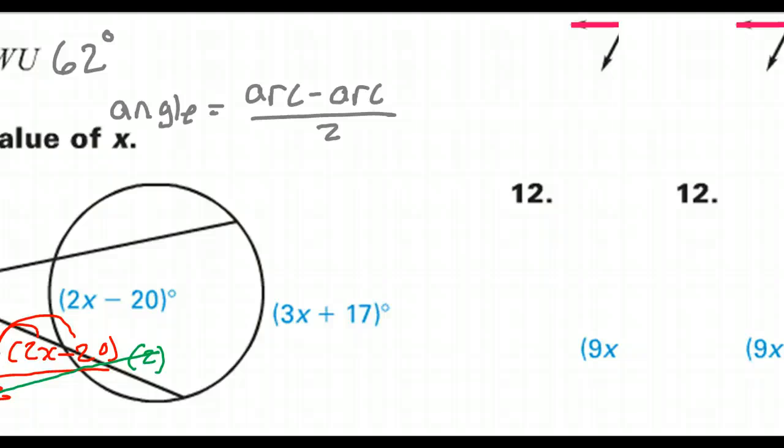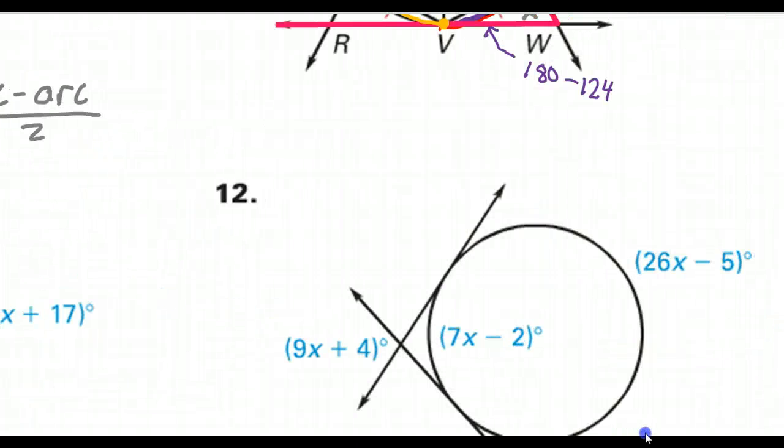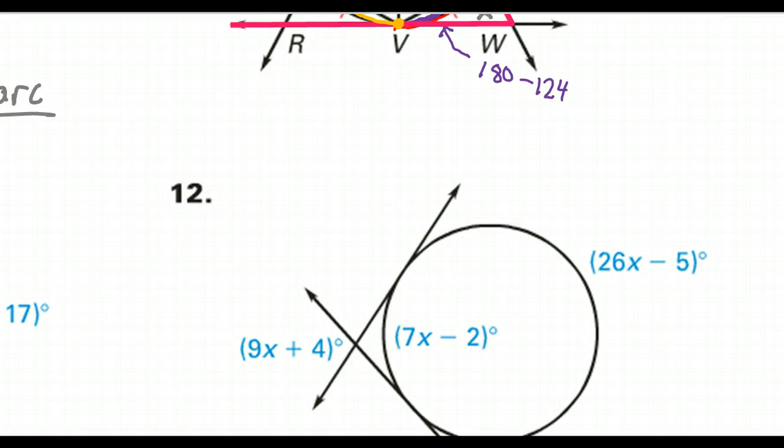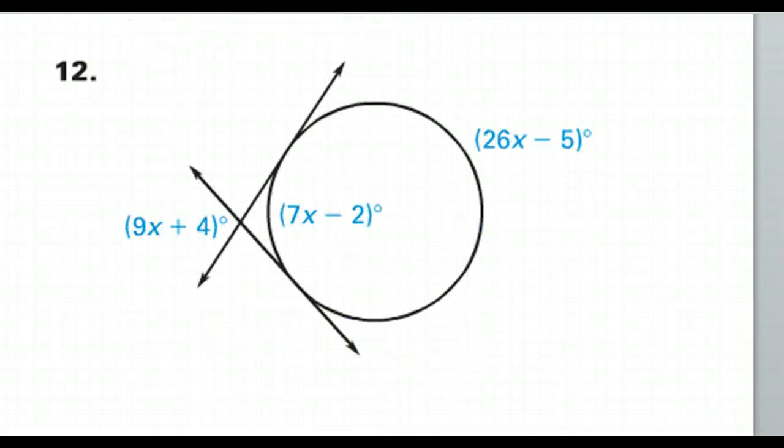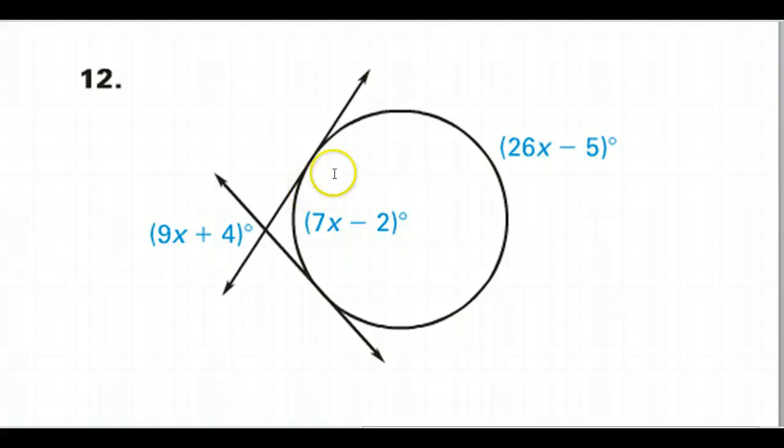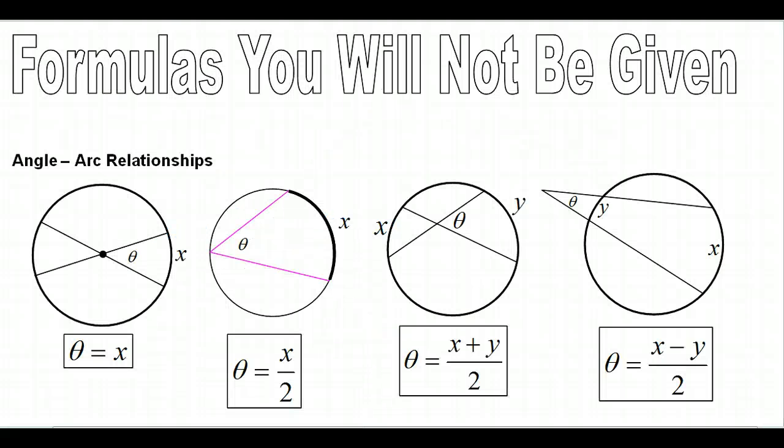So, number 12. All right, number 12 is the same type of thing. As we do number 12, the first thing we have to do is look and see which one of these formulas we're going to use. Even though it's kind of weird looking, hopefully you can see that the angle is going outside of the circle. So we're going to use this one over here. Arc minus arc divided by 2.